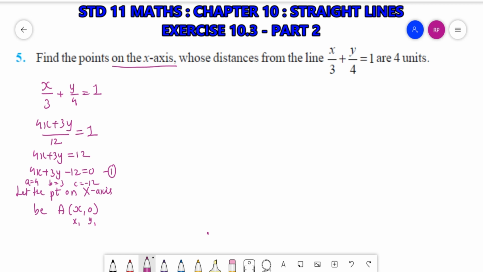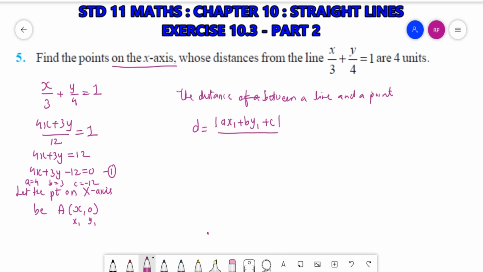So now the equation for distance between a line and a point is given as modulus of (ax1 + by1 + c) upon under root of (a square + b square).